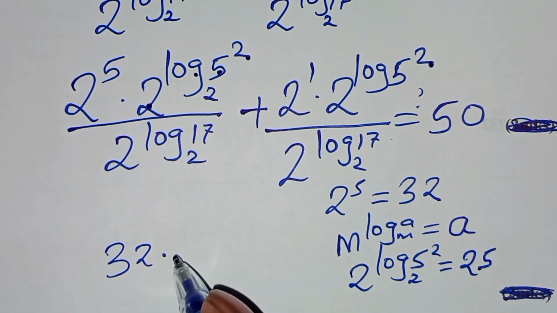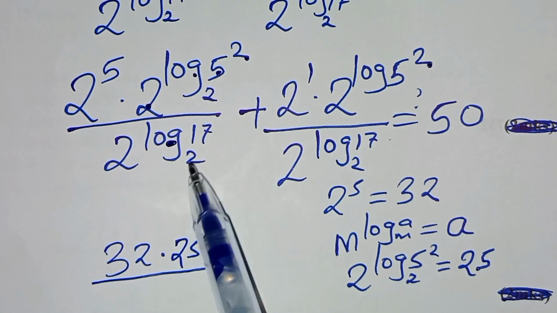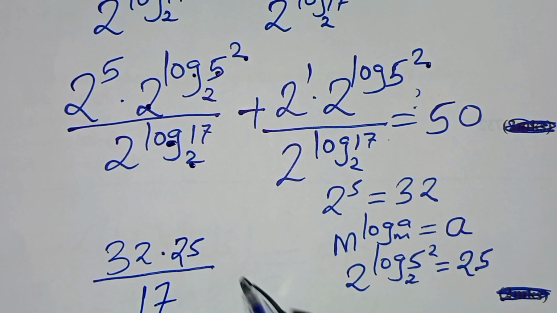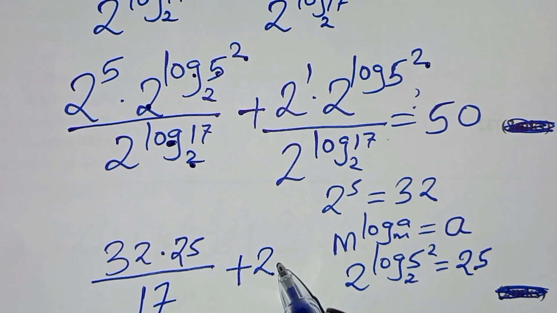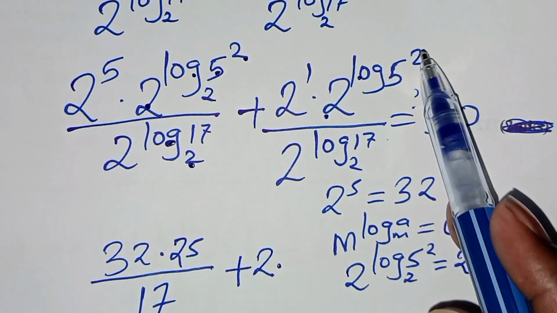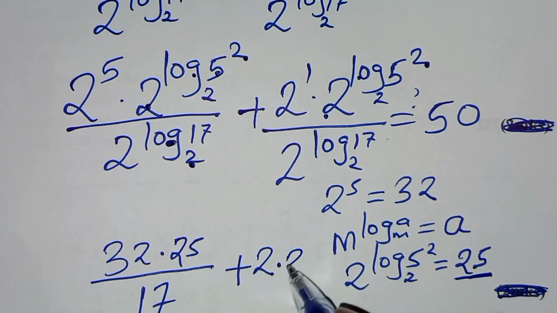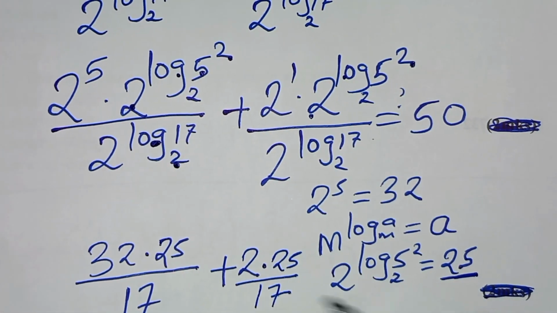So here we'll have 32 times 25 divided by 2 to power log 17 to base 2. Applying this property, this is the same thing as 17. Then plus, here we will have 2 multiplied by 2 to power log 5 squared to base 2, which is 25. So 2 times 25 divided by 2 to power log 17 to base 2, this is 17.